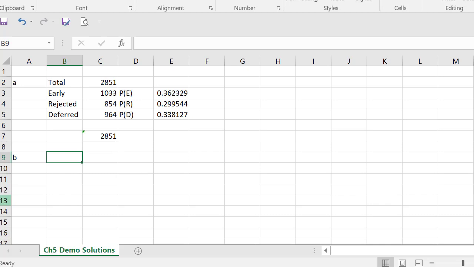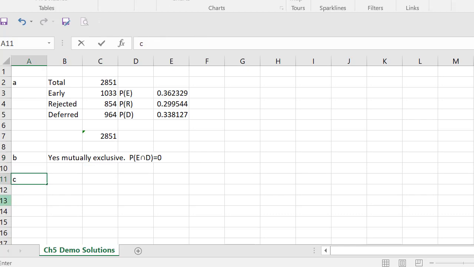And the answer is no, you couldn't. And so that means they are mutually exclusive. That also means that the probability of E intersection D is 0.